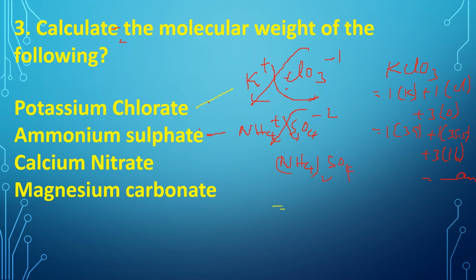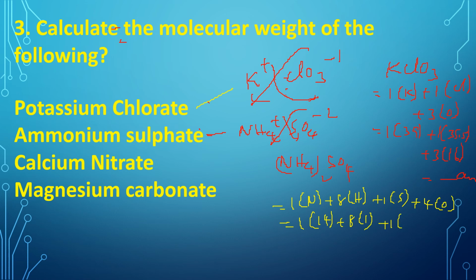That is equal to 2 into N plus 8 into H plus 1 into S plus 4 into O, that is equal to 2 into nitrogen 14 plus 8 into 1 plus 1 into 32 plus 4 into 16. So that is in AMU, atomic mass unit.